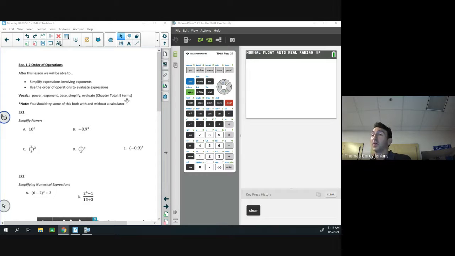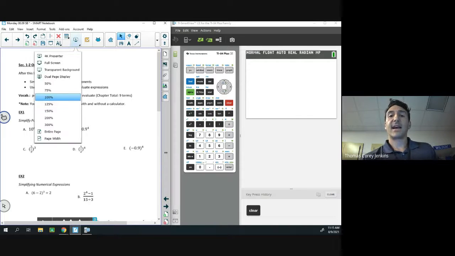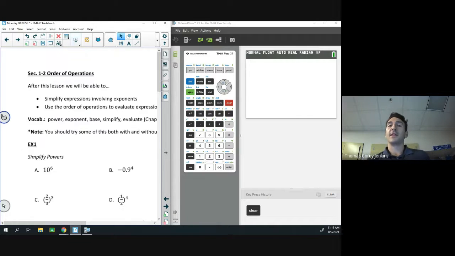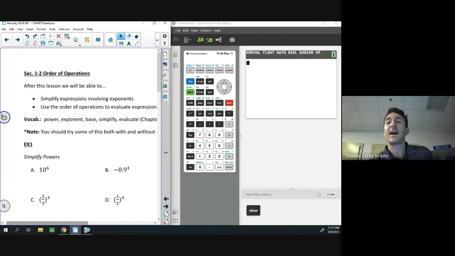So we'll do some computational skill stuff, so working it out by hand, and some calculator stuff if you have your calculator. So kind of a couple parts. We're still not doing anything yet with vocab, so we may come back to that once I can get you guys on the online textbook, but we can't really do anything with those just yet.